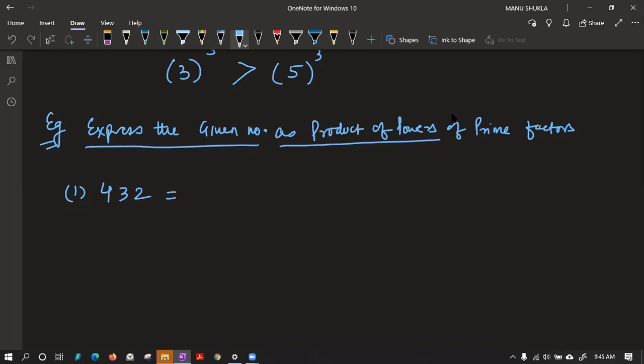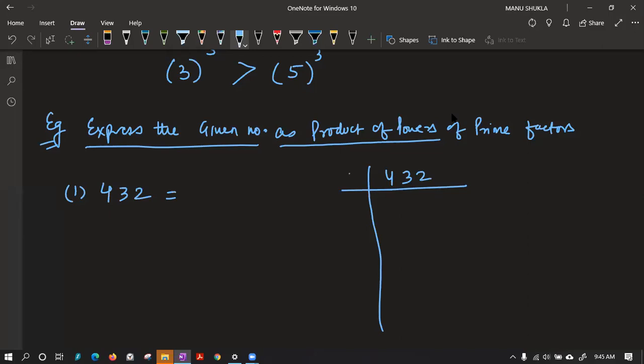Okay, Bani gave the answer 2 to the power 4 into 3 to the power 3. Others, please see. We just have to prime factorize 432. Okay, Ekta giving the answer.